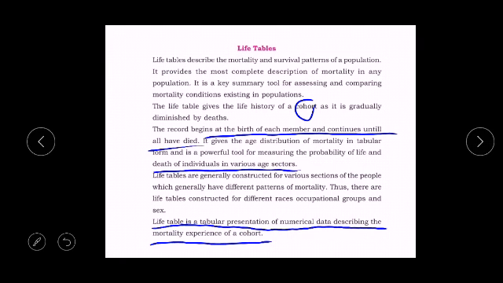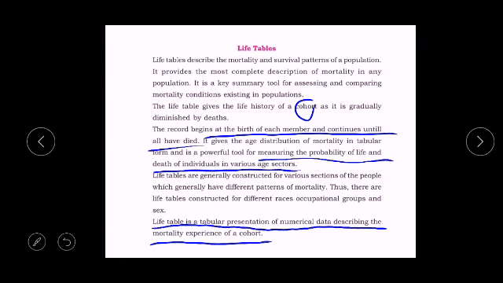At which age are people dying more? It is indicated by this table. And it is also a powerful tool for measuring the probability of life and death of an individual in various age sectors. One can predict the probability of a person dying at the 40th age, or 45th age, or 60th age, or even the probability that a person will survive to the 60th age. That is also possible here.